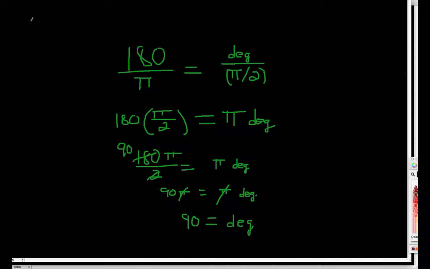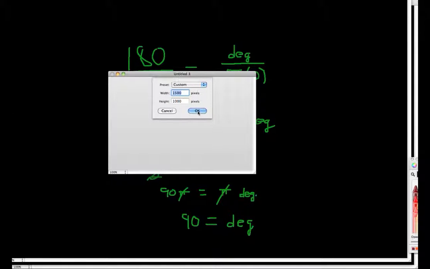Let's do one more example. Let's say we have an angle of 45 degrees, and I want to convert that into radians. Again, I use the equation that 180 divided by pi is equal to the angle in degrees, which in this case is 45, divided by the angle in radians.